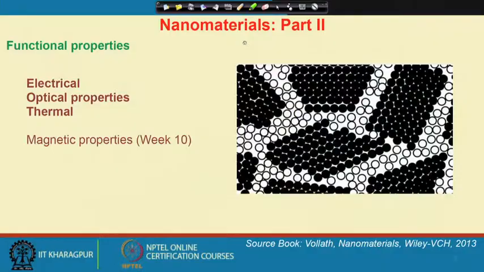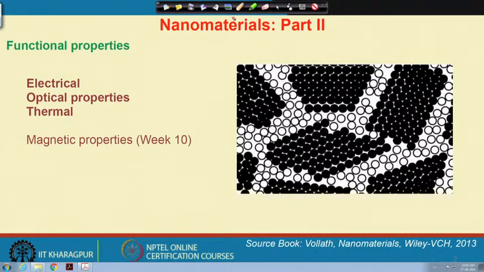Therefore, the functional properties could vary with length scale or size dependence as well as on the geometry. Among all the functional properties, the electrical, optical, thermal, magnetic, acoustic are very important.